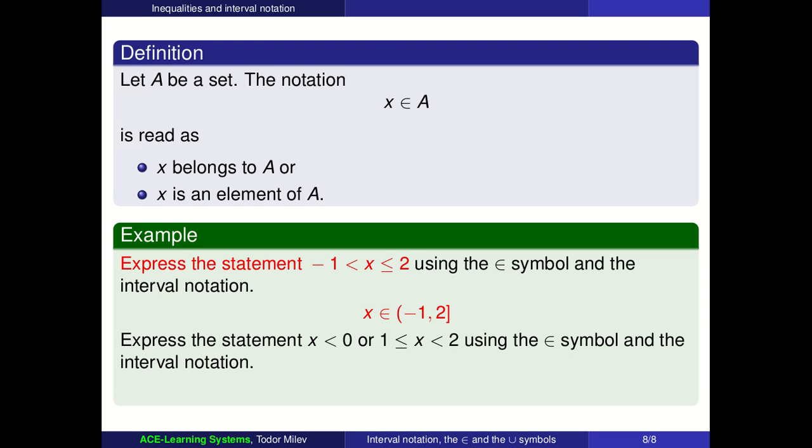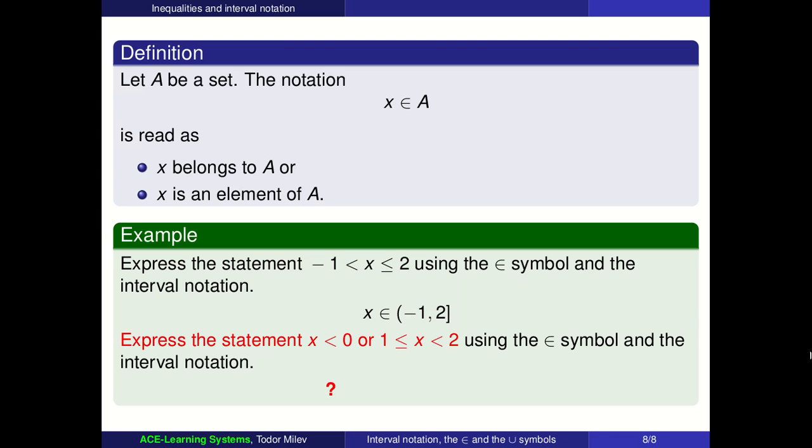So we already discussed that that is the interval. What is new here is that we are indicating the fact that it is the variable x, not the variable y or some other variable, which belongs to the interval between -1 and 2. And the way we relate the variable x to the interval is via the belongs to symbol. So that belongs to symbol tells us that yes, it is the variable x that is between -1 and 2.